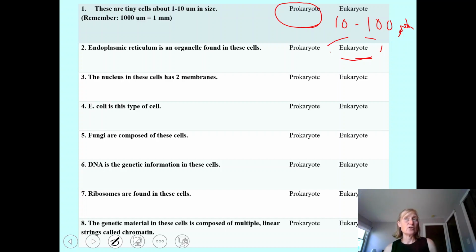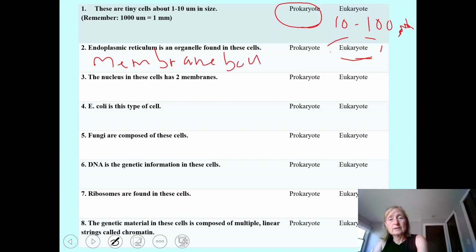Prokaryotes have no membrane-bound organelles. Eukaryotes have membrane-bound organelles, including a nucleus, endoplasmic reticulum, Golgi, mitochondria, chloroplasts, lysosomes, you name it. All right? So when we think about membrane-bound organelles, let's just remember that. That refers to cells that are eukaryote. Okay?